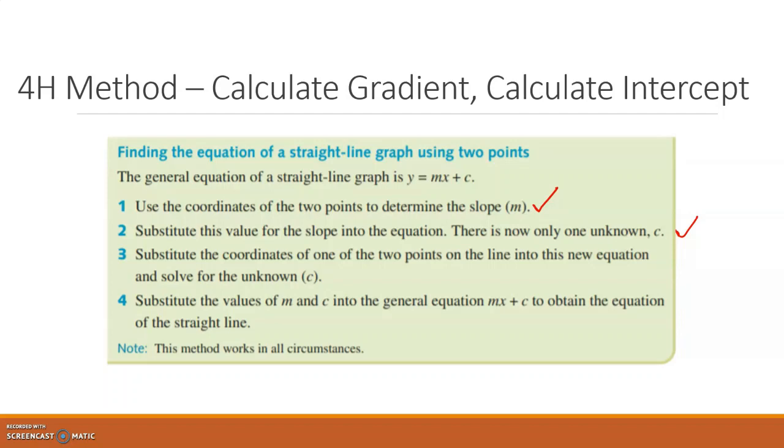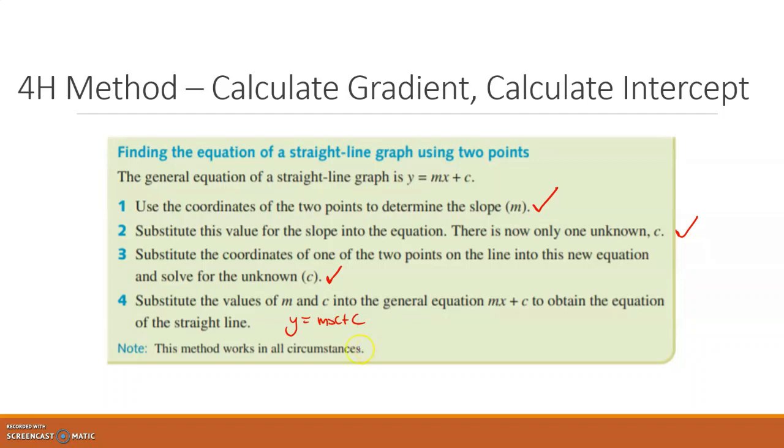Then we choose one of the coordinates of the 2 points on the line and substitute that into the equation as well. That will tell us what c will be once we use some algebra. Then after we've done that, it's just like before: we substitute both the m and the c value into y equals mx plus c, and we're finished.